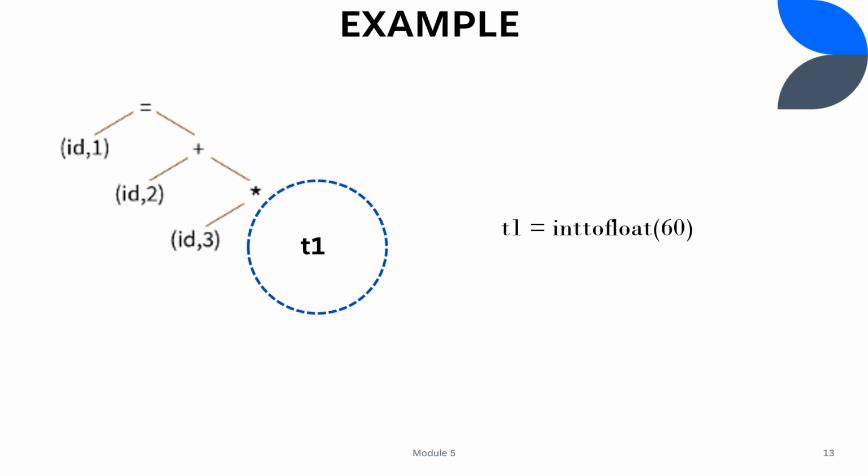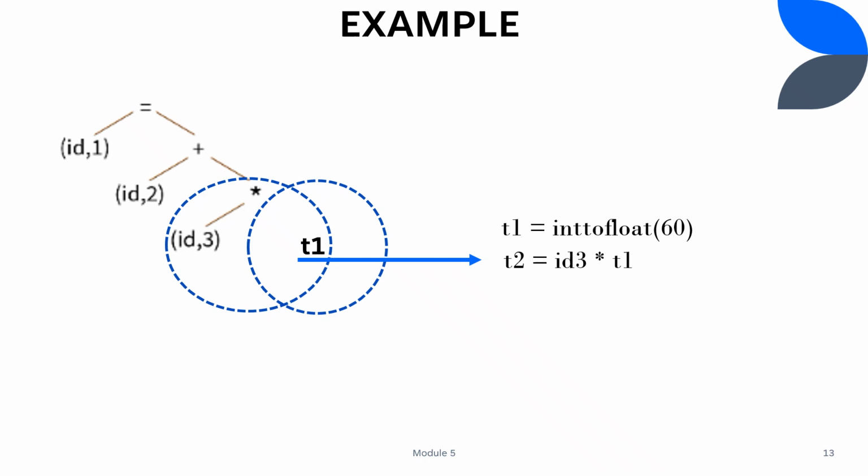The next nodes to be considered are id3 into t1. Creating an intermediate code for the same, the answer would be t2 = id3 * t1. Again, this part of the tree, id3 * t1, is replaced by its destination variable, that is t2.